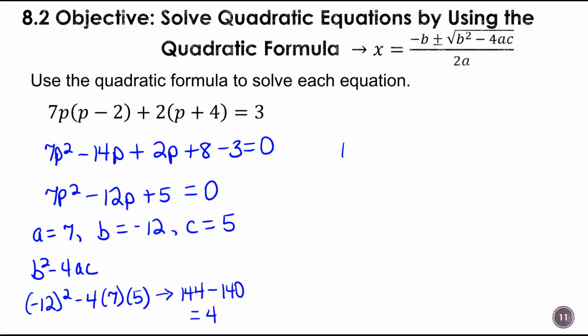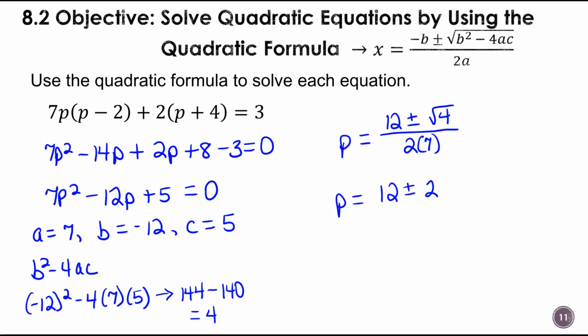All right, so into the formula. The opposite of b would be a positive 12. That's plus or minus the square root of 4. And 2 times a would be 2 times 7. So 12 plus or minus 2, right? The square root of 4 is 2, over 14.